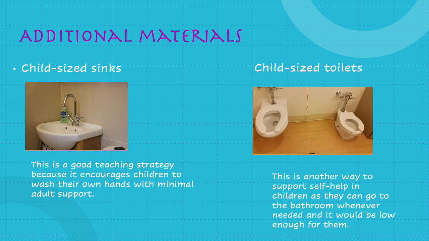Some additional materials to help promote a child's self-help would be child-sized sinks and child-sized toilets. Child-sized sinks can encourage kids to wash their hands with minimal adult support. Child-sized toilets can encourage children to go to the bathroom when needed without an adult's support.